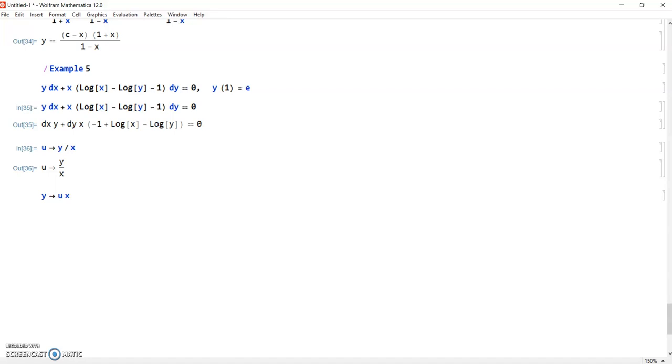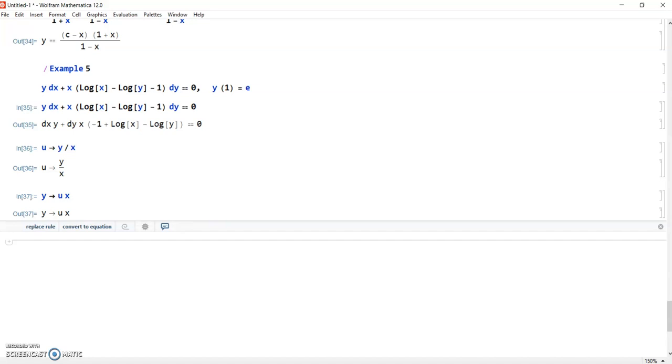Okay, and you can also represent dy over dx is equal to something like this, or you can also represent dy as, so dy will be equal to u dx plus du times x from the product rule. Okay? So we can use these types of substitutions into this equation.